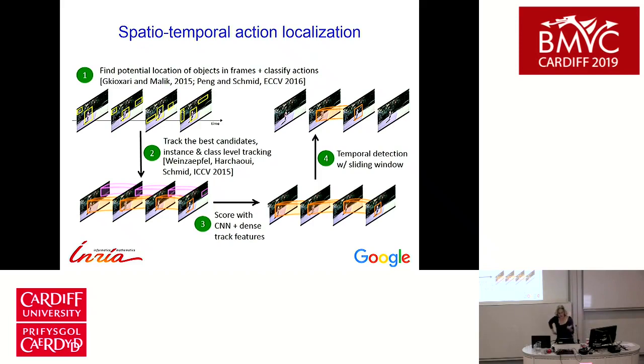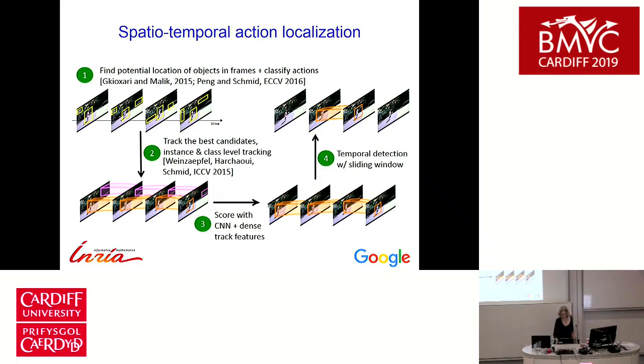And then once they had the actions predicted frame by frame, they could track these actions over the video, link them together, and have some temporal sliding window mechanism which says where precisely this action is performed, right? So to show really what is the extent of the action, and then predict this action classification.